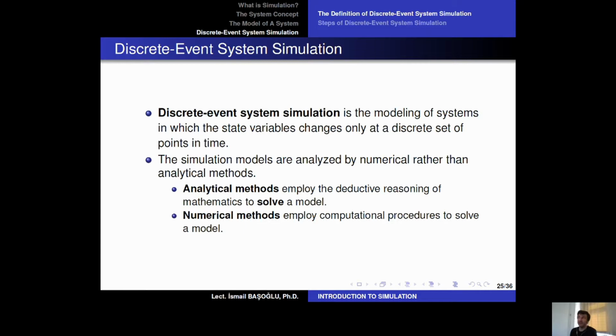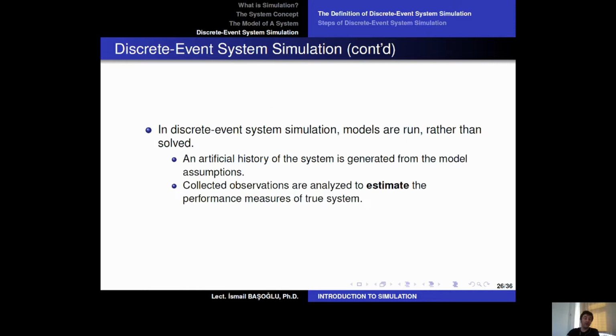Or if you have differential equations which are solvable, then again you are solving that model. But there are some differential equation models, and just like that, the simulation models require numerical methods to solve the problem. So we need to employ computational procedures or algorithms to solve a model here. There is not an exact solution method for the simulation models.